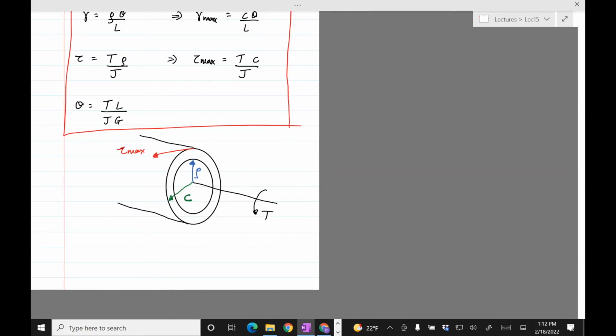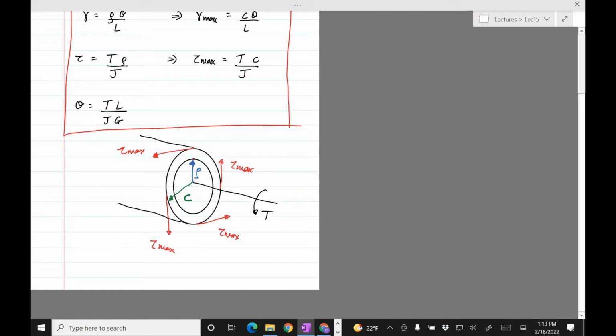The torque is counterclockwise, so the shear stress will be counterclockwise. So there will be a maximum shear stress, like so. And you can see that all the arrows are counterclockwise because the torque is counterclockwise.